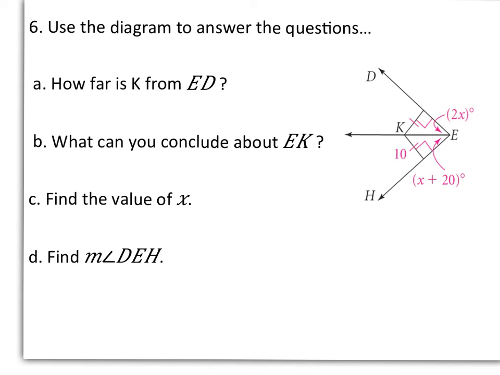So if K is 10 from HE, it is also 10 from ED. B, what can you conclude about EK? Well, I can conclude that EK bisects angle HED, or you could also say it is an angle bisector.